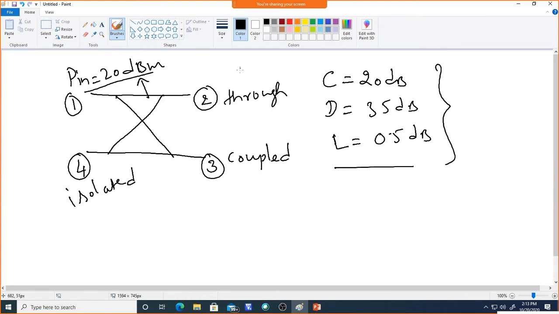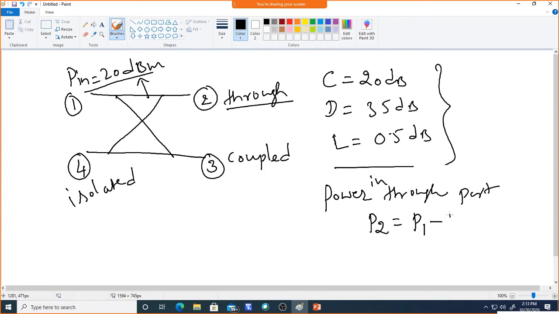Okay, so now for the through port, what is the power we get after putting in this input power? We know the equation: the power in the through port, that is port 2 power, is nothing but P1 minus L. This insertion loss is the loss that happens when the input power is given at port 1 and we get the remaining power at port 2.